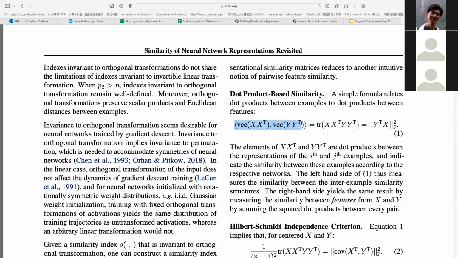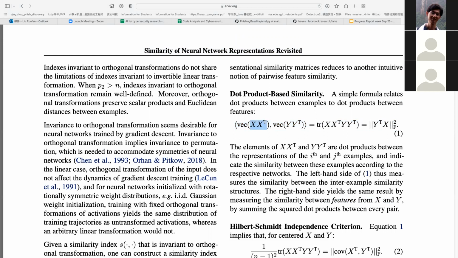So basically, the left-hand side is the correlation between the samples, while the right-hand side is the similarity between features. I see the same formula before, but maybe I need you to help me recap a bit. So X times X transpose is the relation between the samples, right?